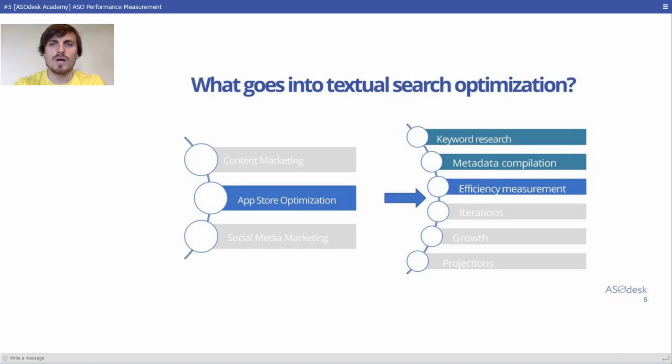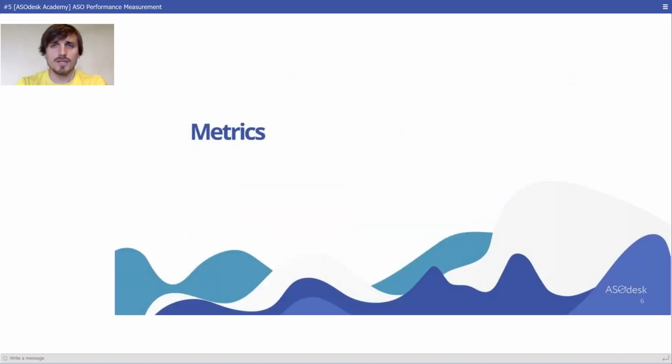And then once we've done the first iteration, we need to measure efficiency: what happened to our app, how our installations changed, how our positions by the keywords changed. So now we are in the third important part of App Store optimization. We'll be talking about efficiency measurement today.